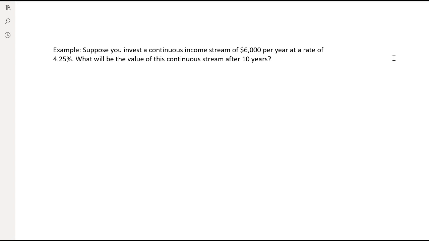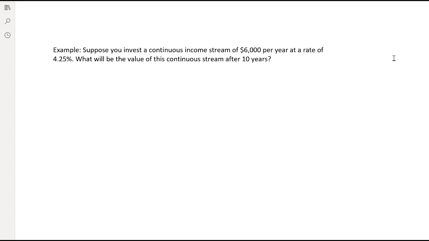I know this is the first example we're doing, but the first thing you need to do when figuring out whether this is a future value or present value is really understand the context, because there are going to be both future value and present value questions in this homework. Future value means I'm trying to figure out how much that money is worth in the future. Present value means I need to know how much that future money is worth to me in today's dollars. But this is a future value question because I want to know the value of this stream 10 years from now.